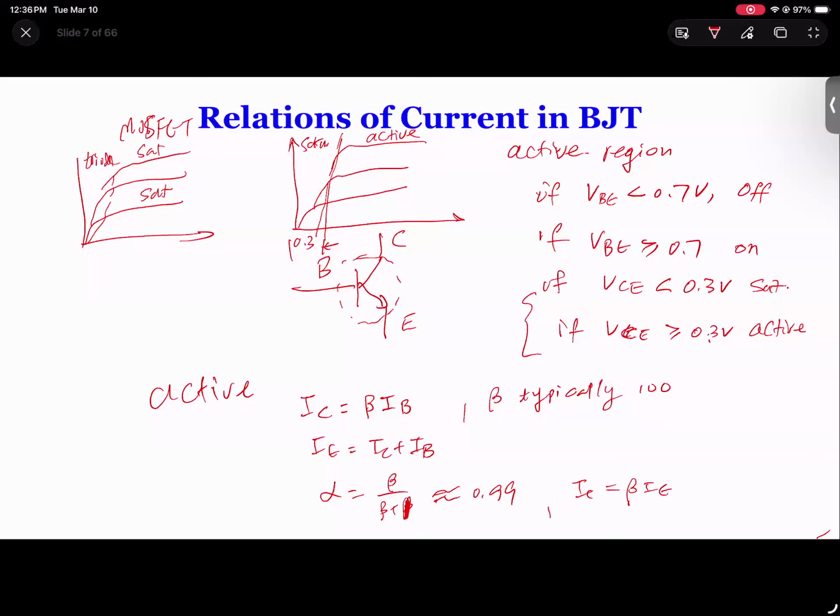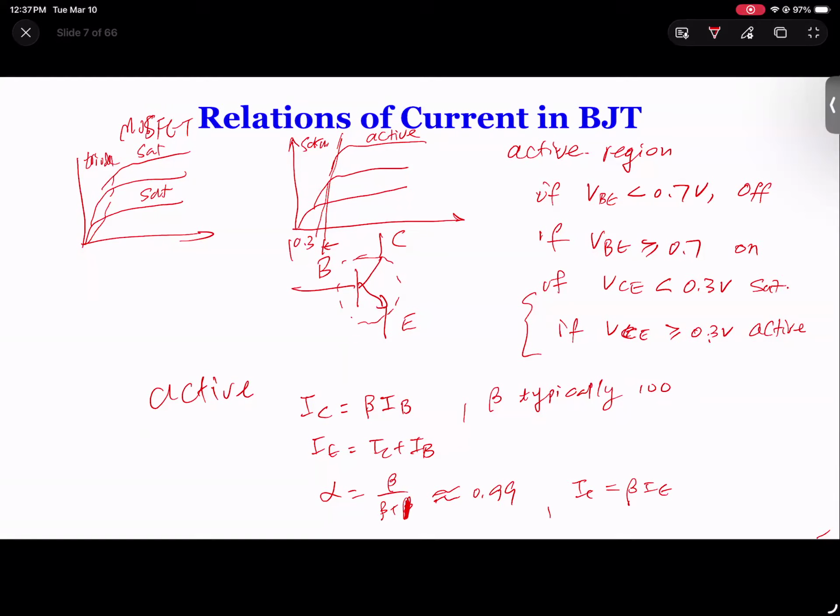So ideally, as IC, you got IE. Because the difference is very small, IC and IE are almost the same. It's only 99%, only 1% difference.